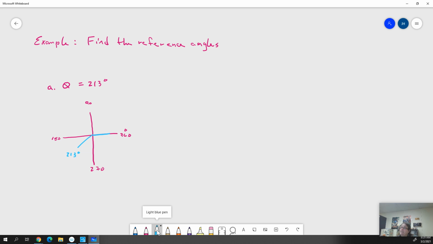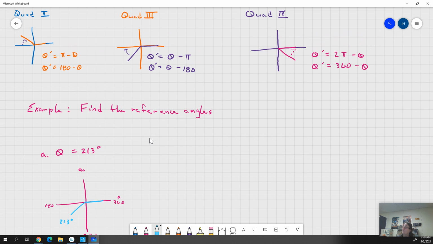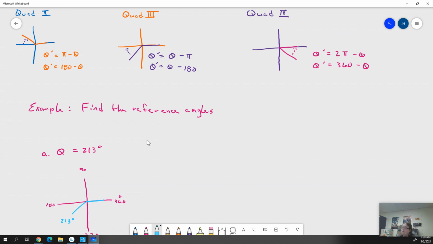So we're saying that this is a quadrant 3 scenario, right? And if you look up here, you'll see that quadrant 3 says that when we want to find our reference angle, our theta prime, we need to take our theta, which is 213 degrees, and subtract either pi or 180. We're dealing with degrees, so we are going to just subtract 180 degrees.